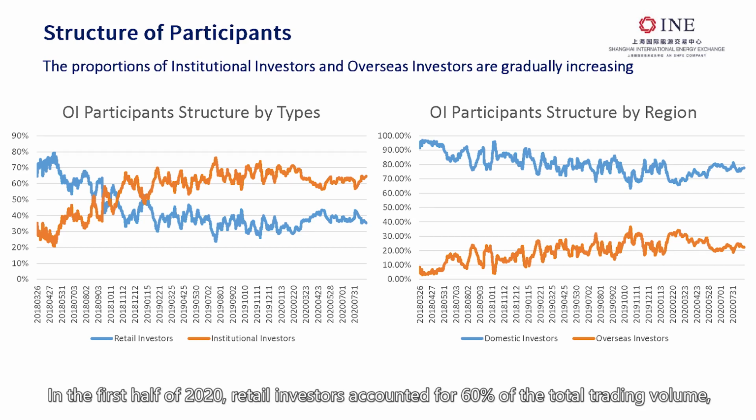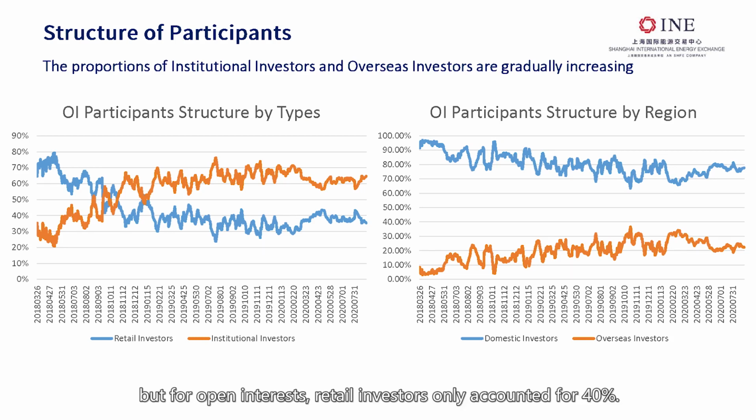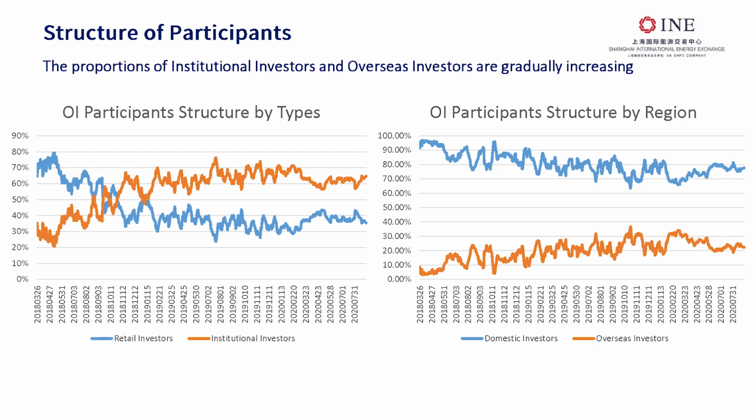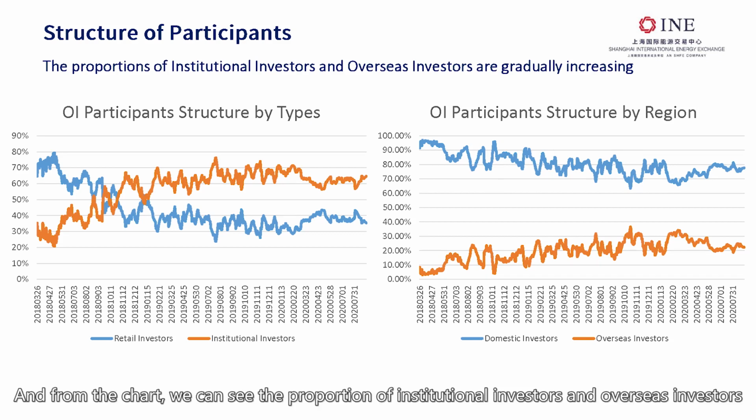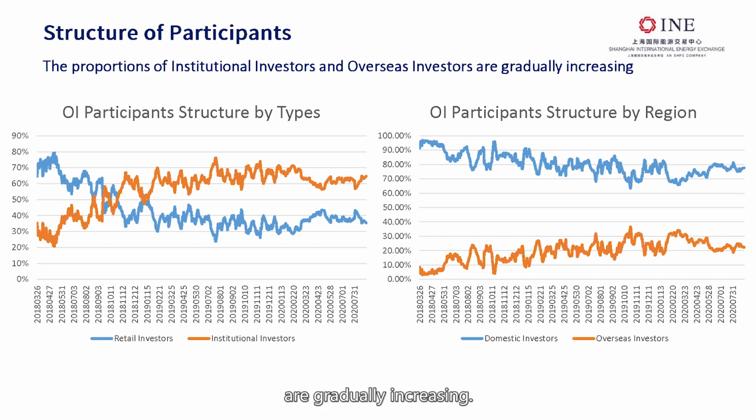In the first half of 2020, retail investors accounted for 60% of the total trading volume, but for open interest, retail investors only account for 40%. In addition, our overseas investors accounted for nearly 1/5 of the total trading volume and 1/4 of the open interest. And from the chart, we can see the proportion of institutional investors and overseas investors is gradually increasing.